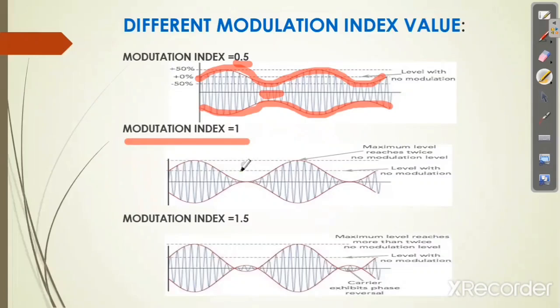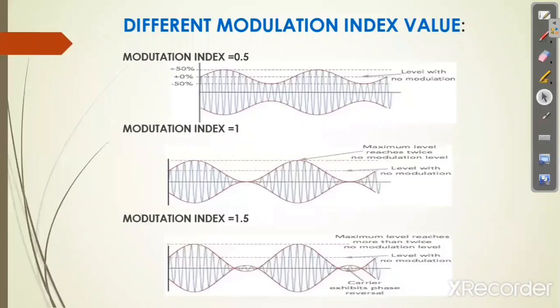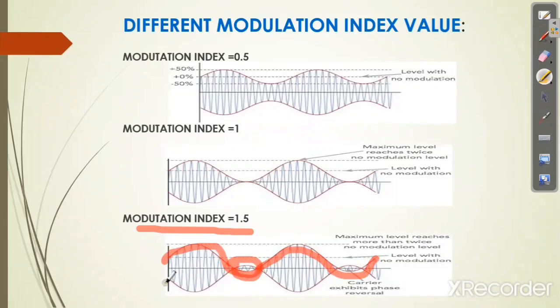When the modulation index is 1, we get this. Here the minimum amplitude is touching the origin. When the modulation index is 1.5, the upper signal and lower signal overlap, so that we get one extra sideband. Here also, clearly observe this envelope shape.